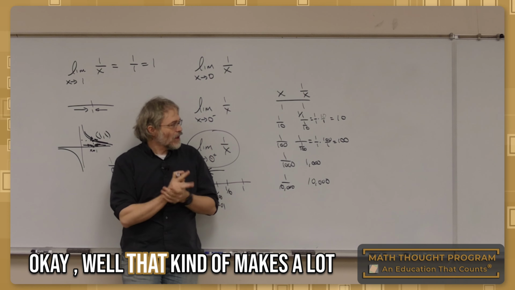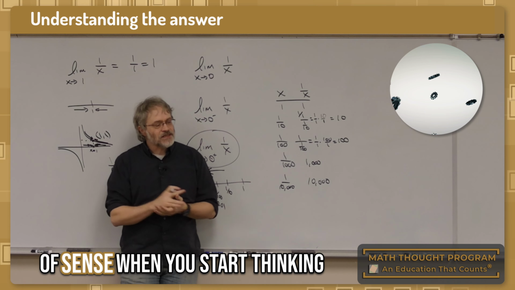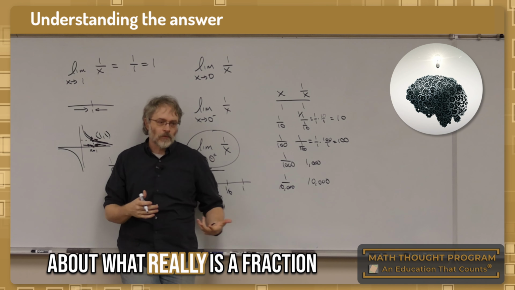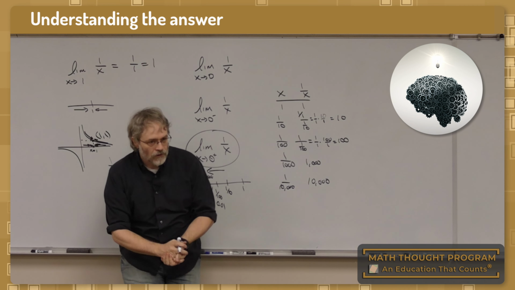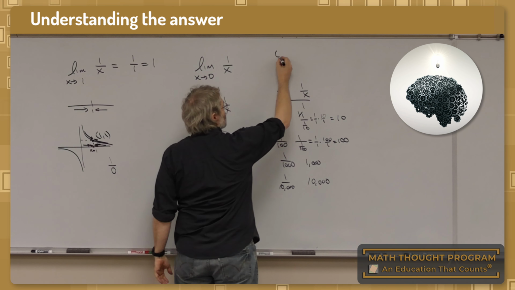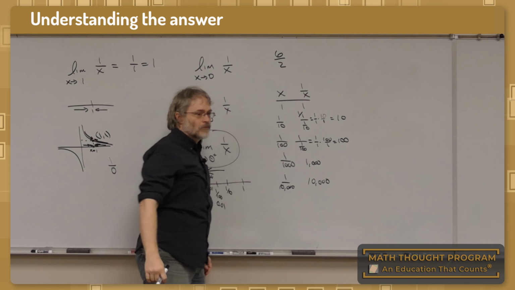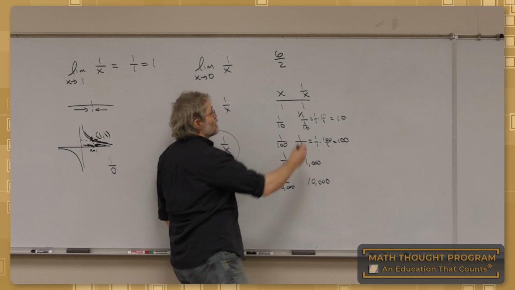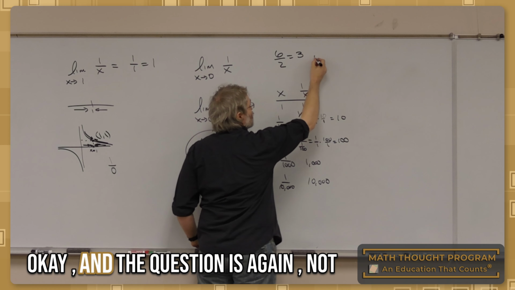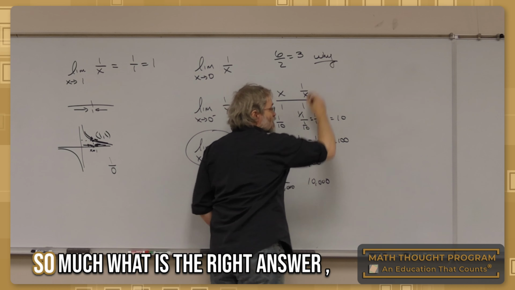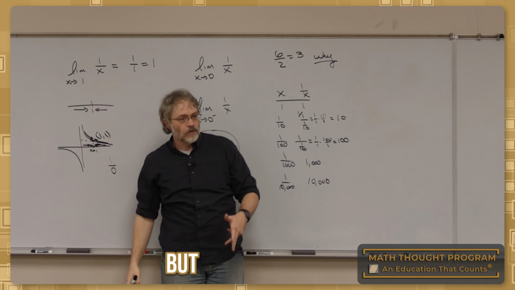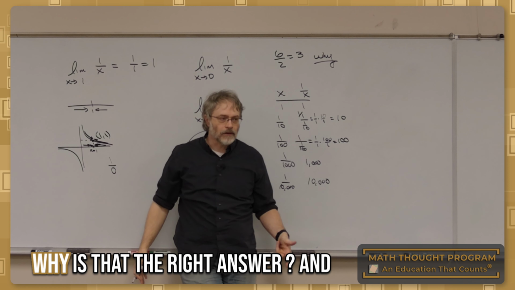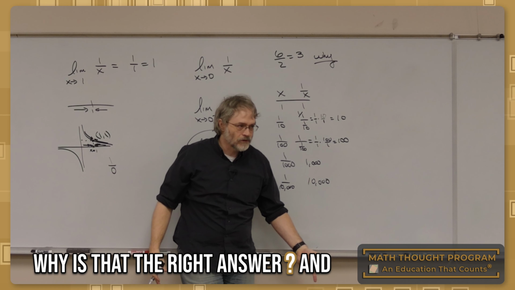Okay, well, that kind of makes a lot of sense when you start thinking about what really is a fraction. If I was to have 6 over 2, well, 6 over 2, that has to be a value of 3. Okay, and the question is, again, not so much what is the right answer, but why is that the right answer?